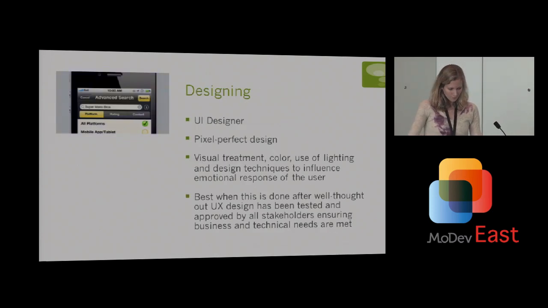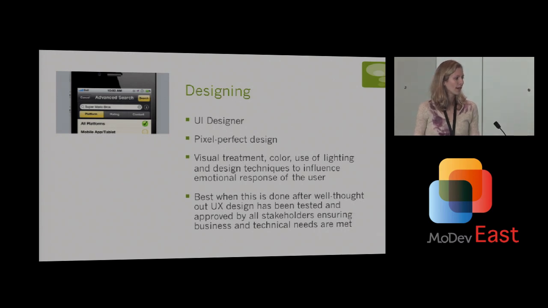Designing. The designing phase is done by your UI designer or visual designer. These are the pixel-perfect designs. You're establishing the visual treatment, the color, the use of lighting, and the design techniques, and this really influences the emotional response of the user.